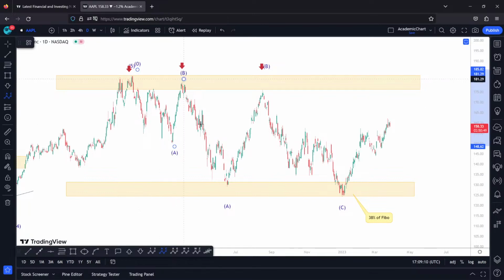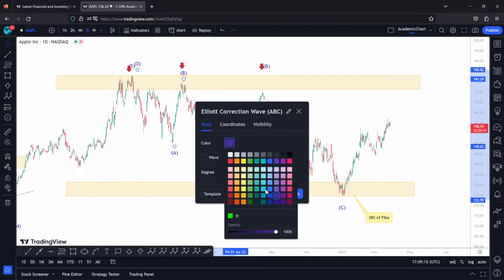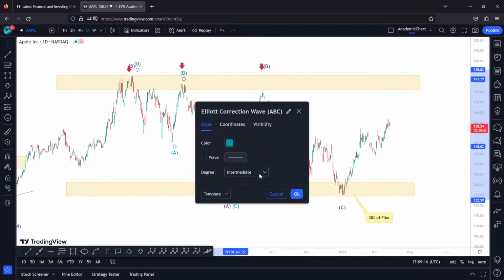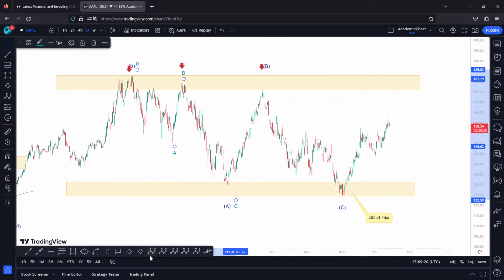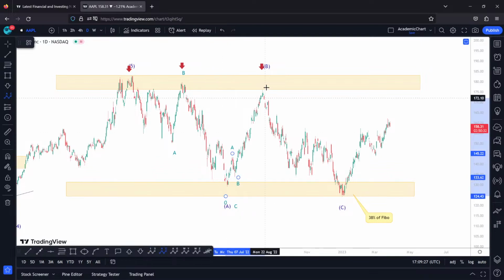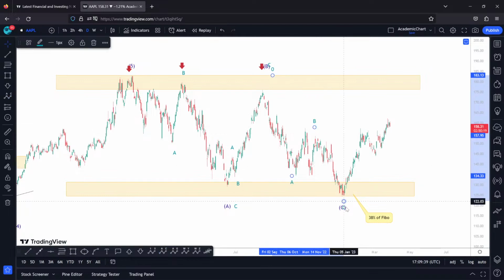I can count the A as an ABC itself as the minor waves. Let's change its color. And this one is the corrective structure of this flat, this ABC, it is obvious. I can also see a sideways corrective structure as B and the C here.